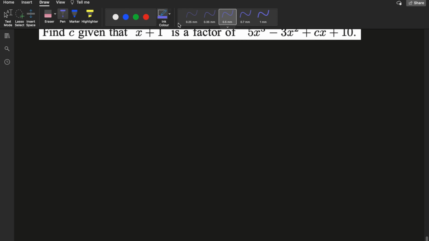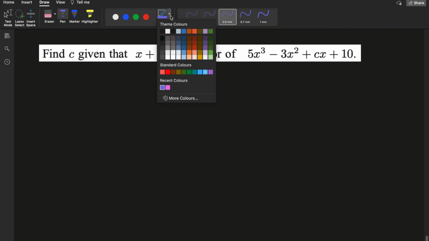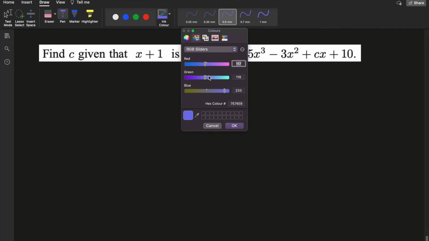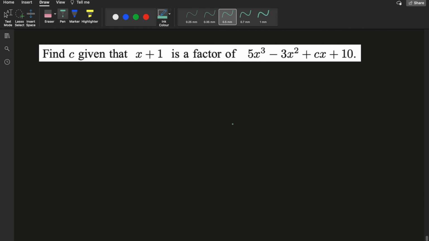So it's this. Let's take a minute to read it. Find c given that x plus 1 is a factor of this polynomial. So let's say g of x equals 5x cubed minus 3x squared plus cx plus 10.